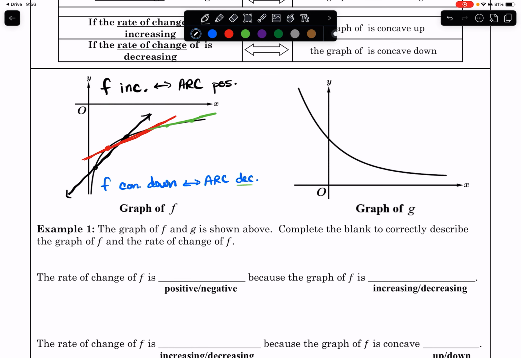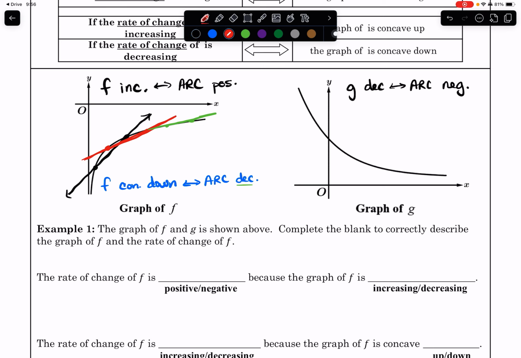And now if we look at the graph for g, this graph is decreasing. It's going downwards from left to right. So since g decreases, that implies that the ARC is going to be a negative number.